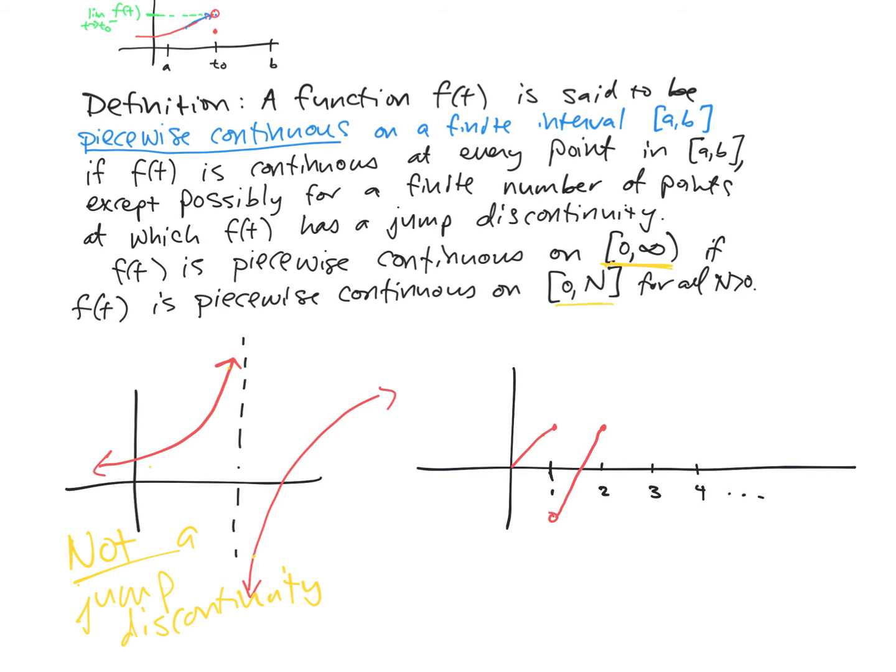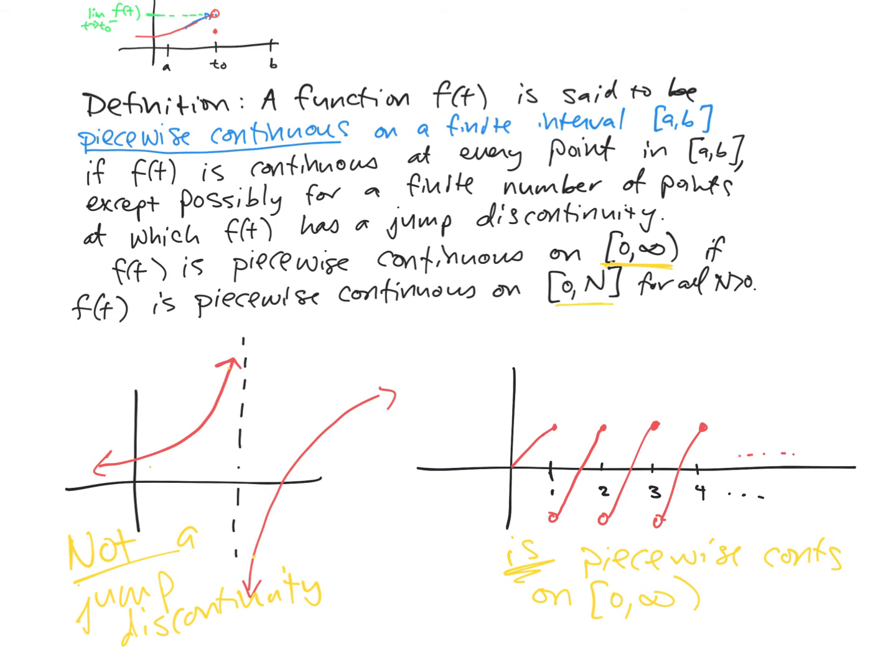I'm just kind of drawing some things. It doesn't really matter. So at every natural number, we're hopping back down. Okay, so this is piecewise continuous on 0 to infinity, even though it has an infinite number of jump discontinuities.